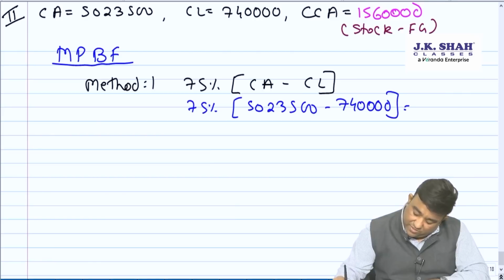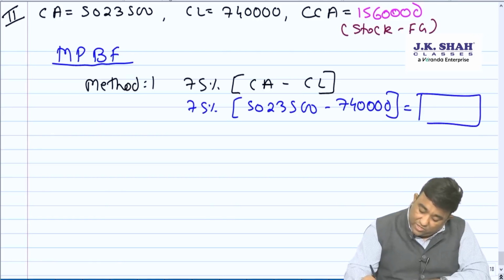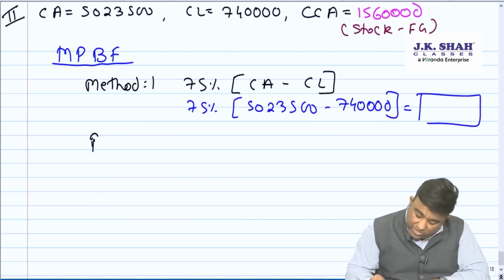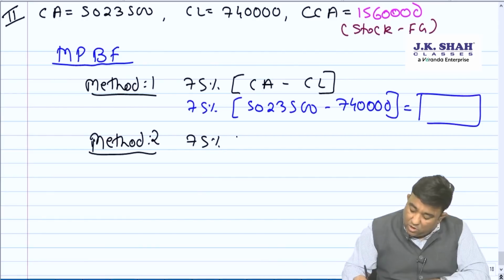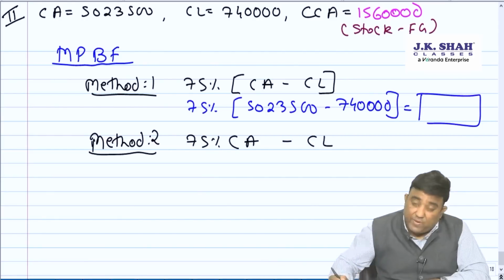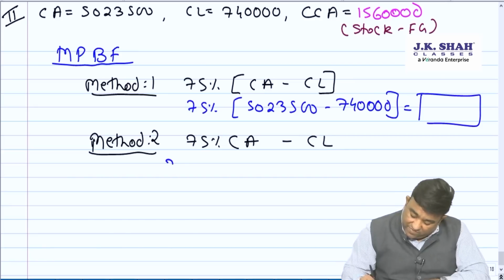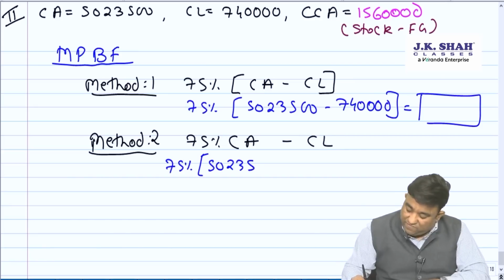That is the first method. Student, in method 2, if you remember, the only difference is the bracket, but obviously it makes a big difference to the mathematics. That is 75% of current asset exclusively minus CL. That is 75% of 50 lakh 23,500 minus 7 lakh 40,000.